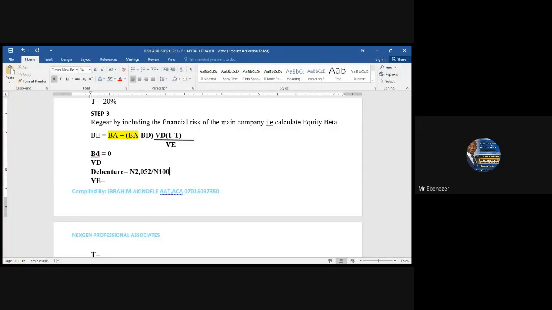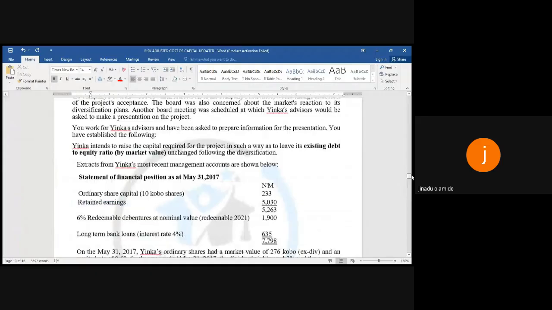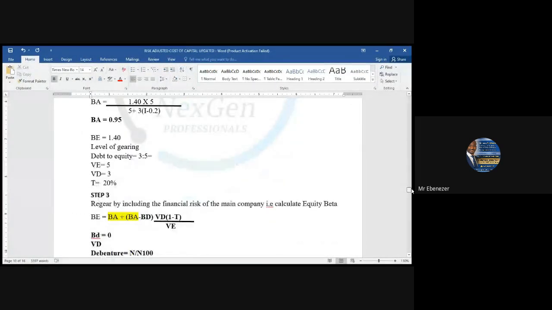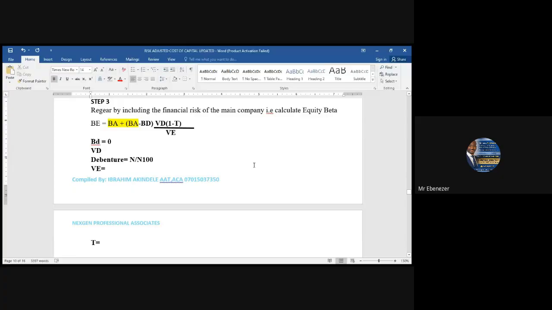We want to determine the market value of debt. Starting afresh, what is the book value of debenture? 1,900 times the market 108.